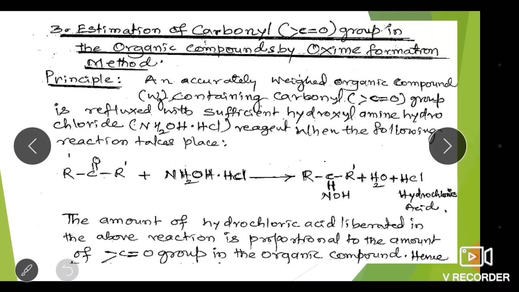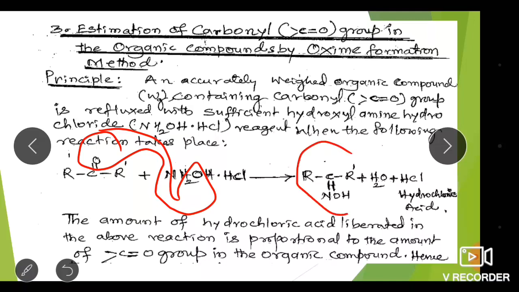So what happens is the NH2 condenses with this oxygen to get water plus HCl. So we get RC=NOH R', which is the oxime.